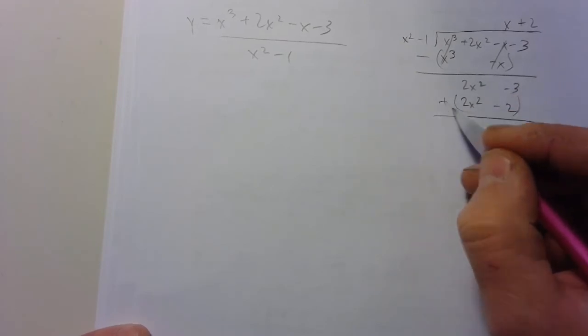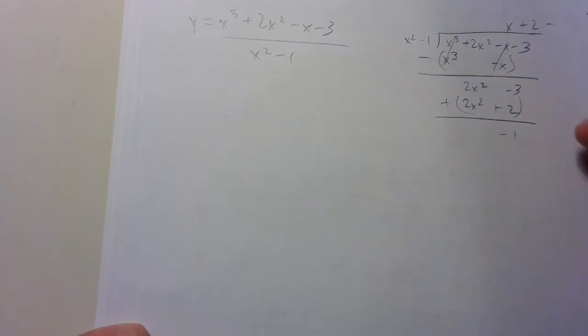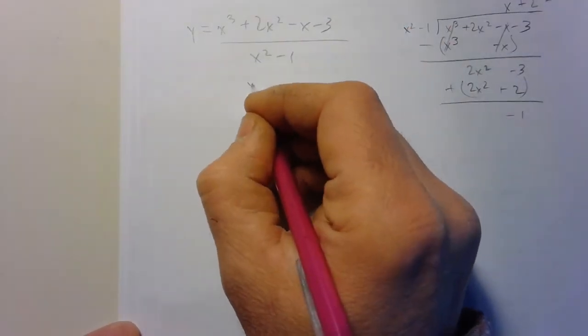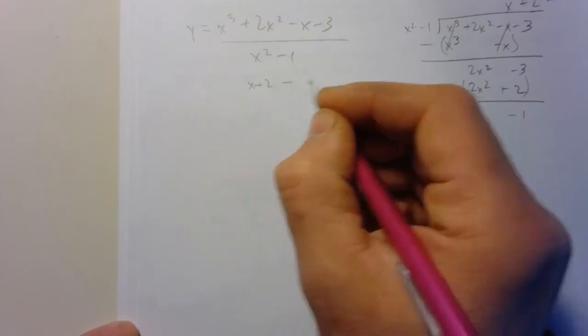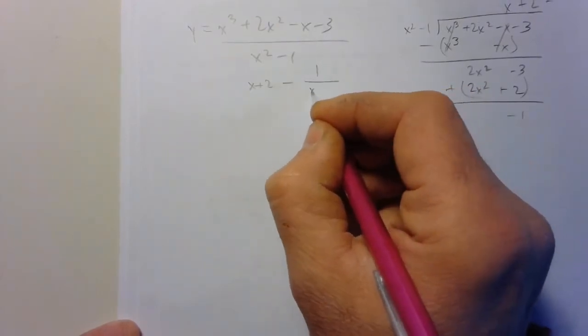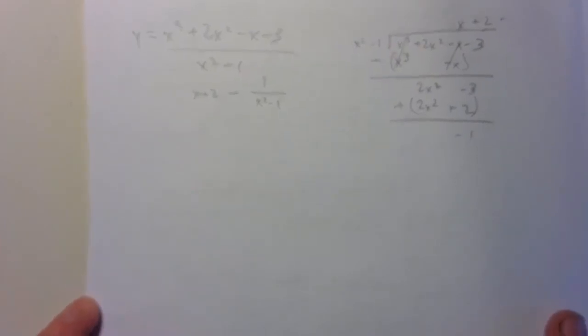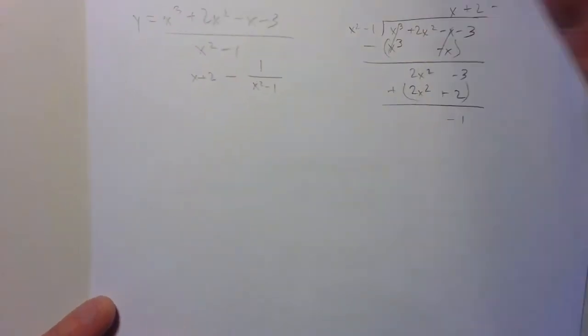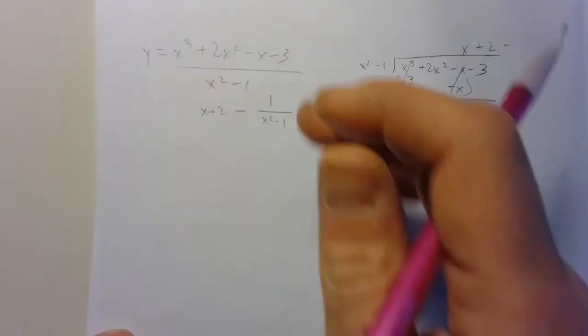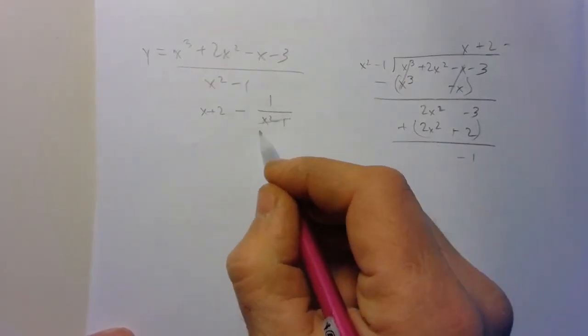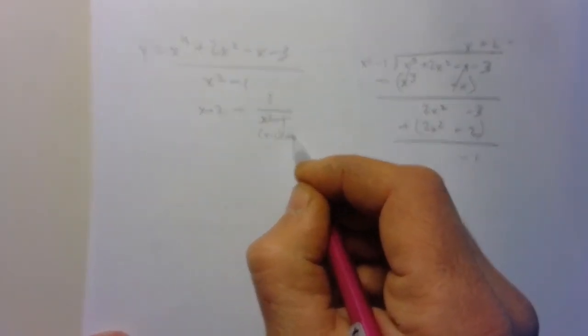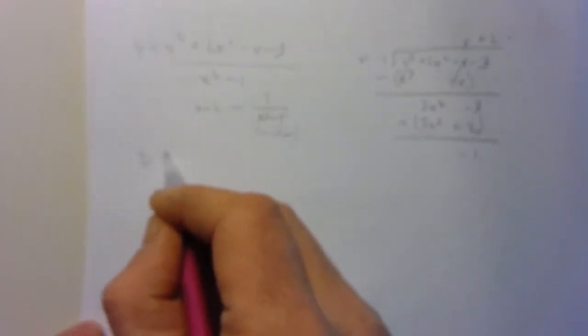Negative 3 plus 2, so it's a negative 1. So this is the same as x plus 2 minus 1 over x squared minus 1. Notice how we didn't factor it before, and this shows us that it wouldn't have actually reduced at all here. This is x minus 1 times x plus 1, so we can get our domain restrictions right there.